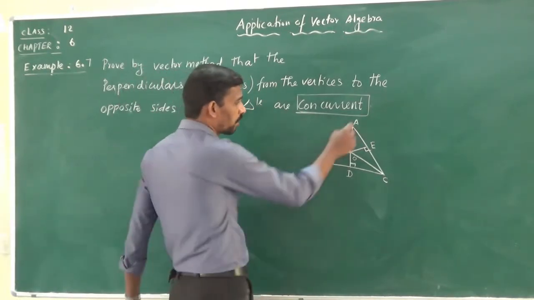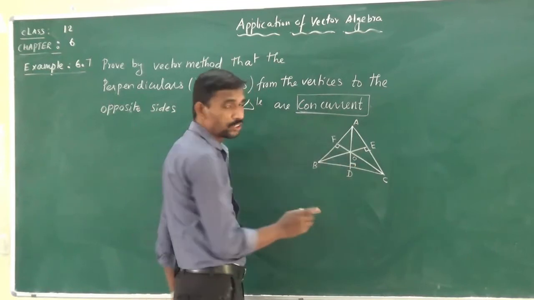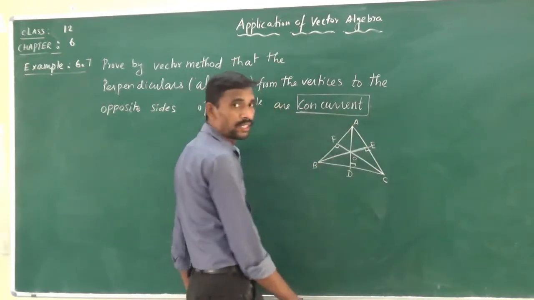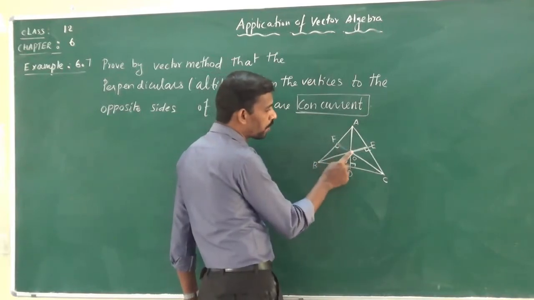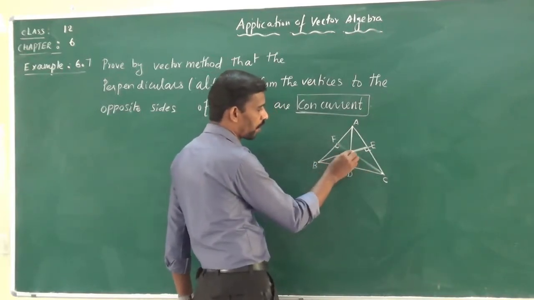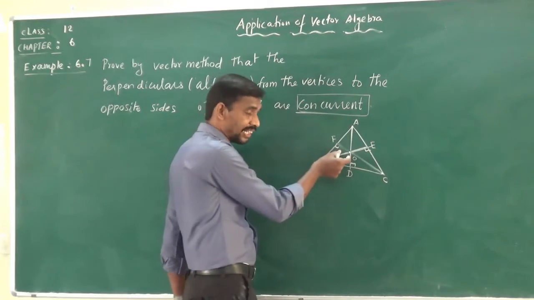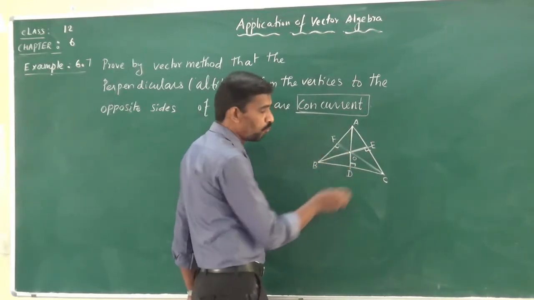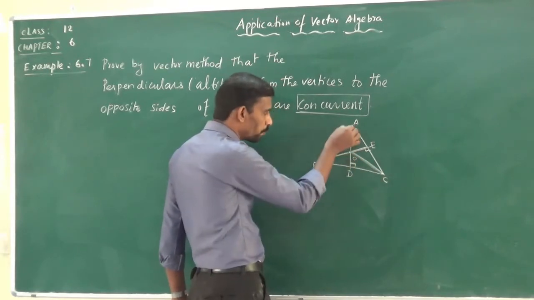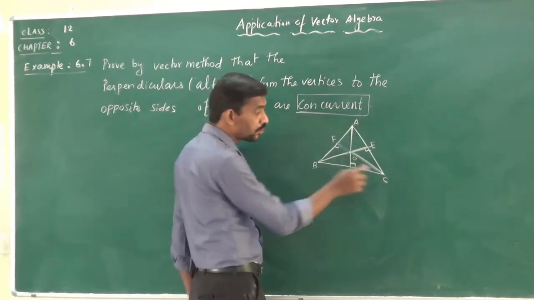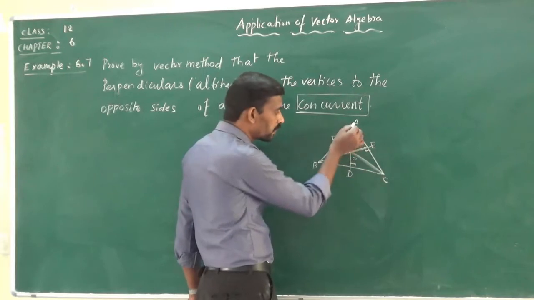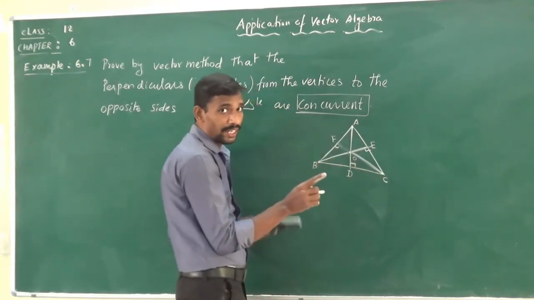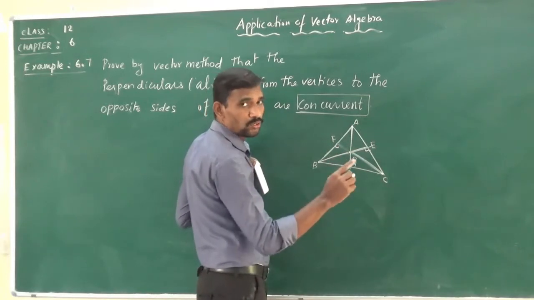Okay, now I took the first two altitudes, one is AD, another one is BE. These two altitudes meet at O. And using these two relations, I am going to prove CO is perpendicular to AB. We know very well a line has two endpoints.